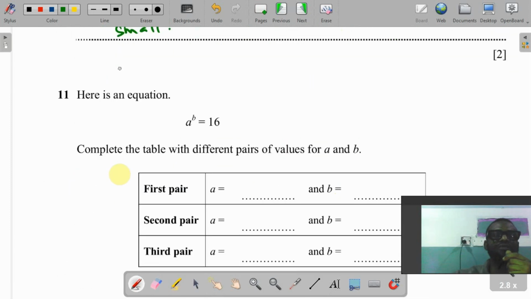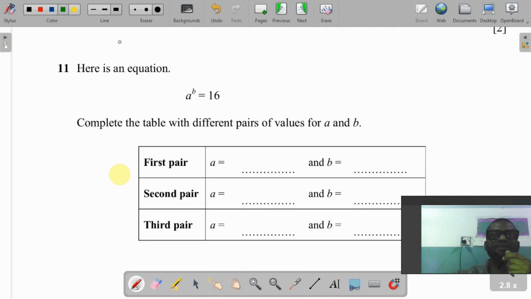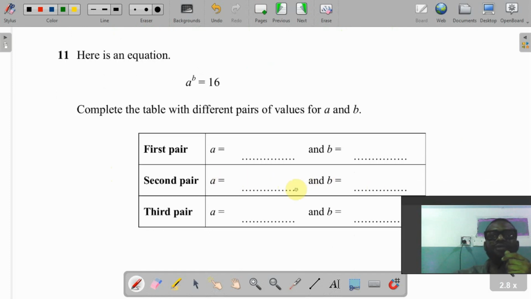Here is an equation. Complete the table with different pairs of values of A and B. We can achieve 16 by saying 2 to the power of 4. So my A is 2 and my B is 4.